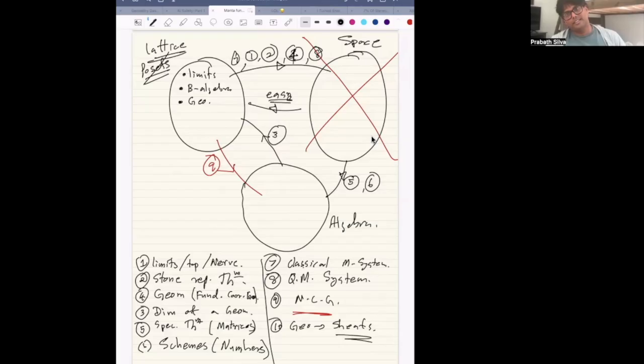I mean, when I say geometry, this is the basic one. I want to convince you that this is a good definition of a geometry. And then we have seen algebraic geometry, differential geometry, this and that. I want to say that all those things are actually the nerve of a covering.